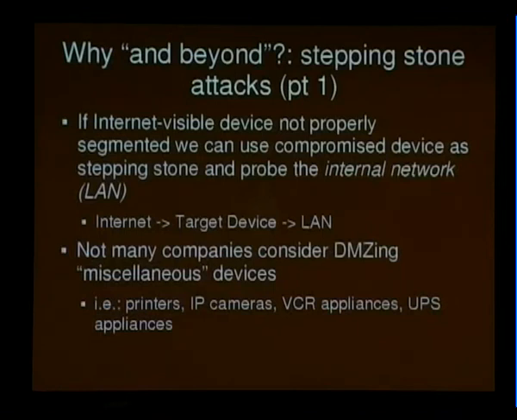But experience tells me that a lot of these tiny devices that people don't care much about are not usually segmented properly, unlike regular application or web servers, which are always on the DMZ. Everyone is aware of web hacking attacks. For little devices, it's not the case. I'm not saying that all companies do not segment these devices, but all I'm saying is that it's more likely that one of these internet-facing little devices will not be segmented. That's all I'm saying.